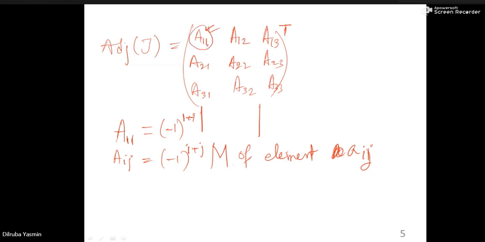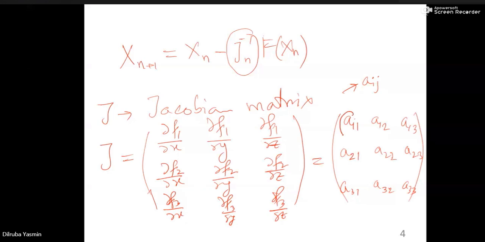Come back to this Jacobian matrix form. So take the same positional element. Okay. You have to discard the row and the column where the selected element exists. So how about the remaining elements in this Jacobian matrix?